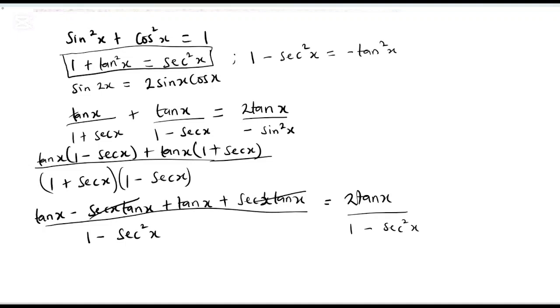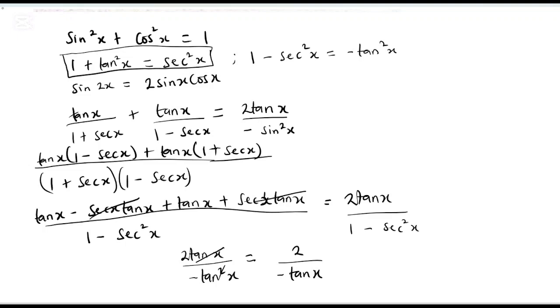So I'm going to replace 1 minus sec squared x with minus tan squared x. So we have 2 tan x over minus tan squared x. So tan x cancels out tan x here, you will be left with 2 over minus tan x.